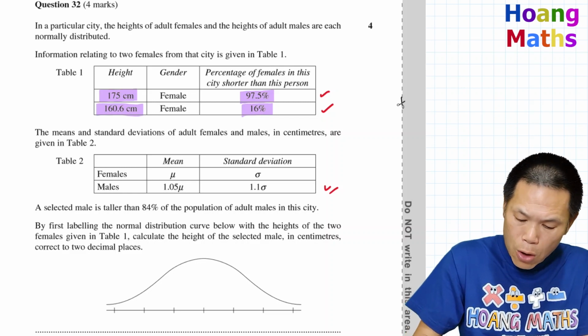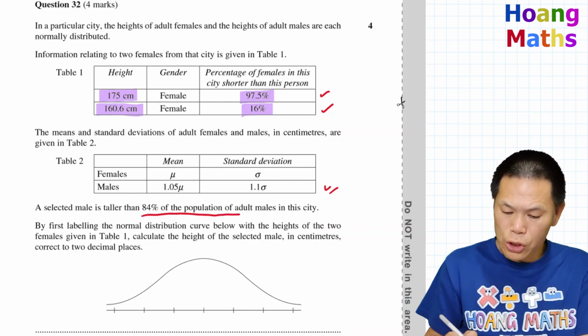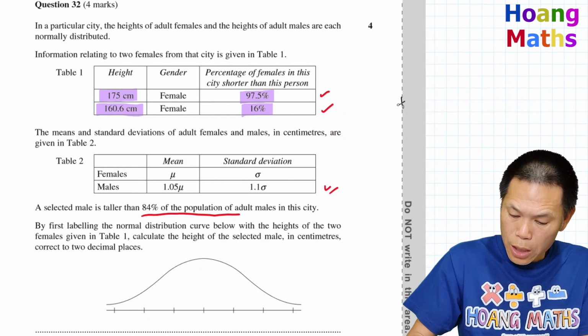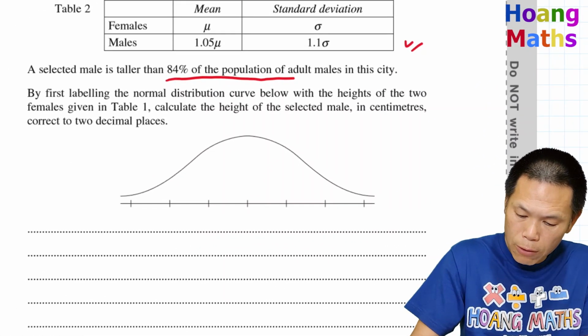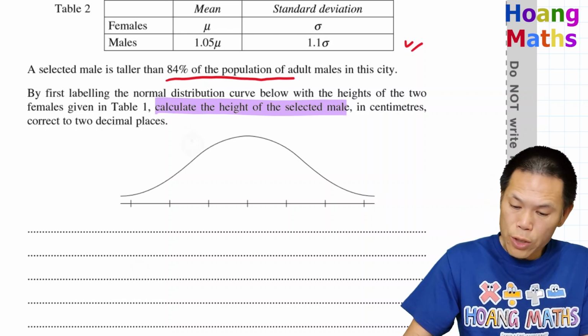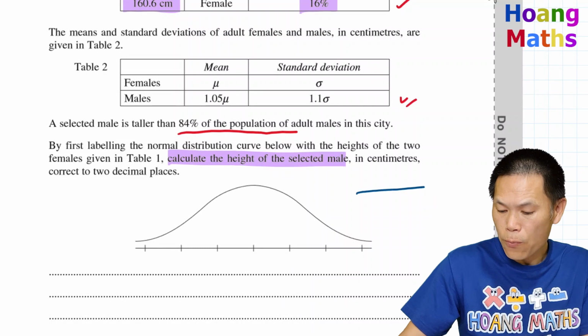The question is this. A selected male is taller than 84% of the population. By labeling the normal distribution on this curve below, calculate the height of the selected male. So first of all, we need to understand exactly what this means. So for male, let me just draw here. That's what the question asks.